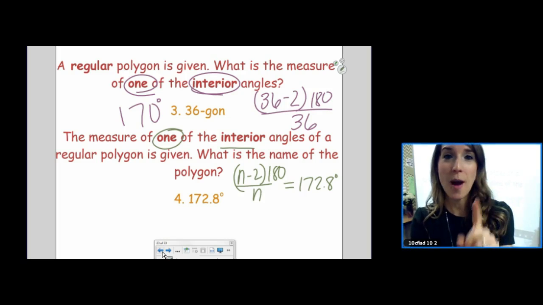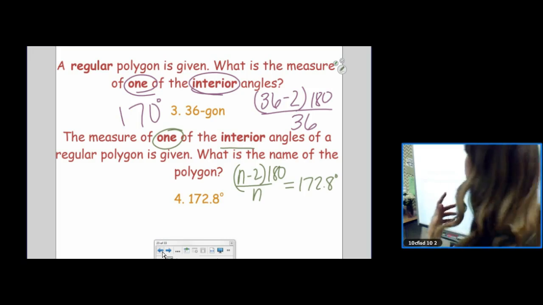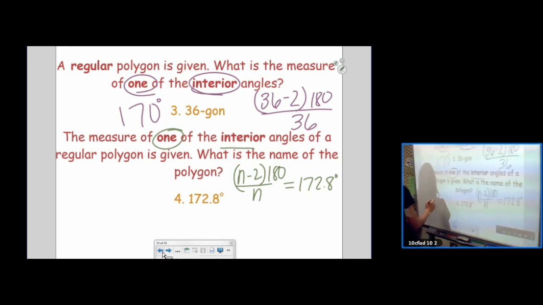Instead, you can do a geometry trick. I'm kind of partial. I think geometry is better than algebra. Anyways, you can do a geometry trick. Here's the trick. We know that one of the interior angles is 172.8. But my trick is that I have something up my sleeve.